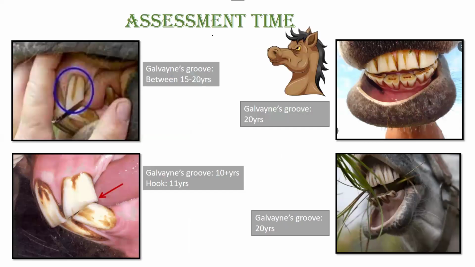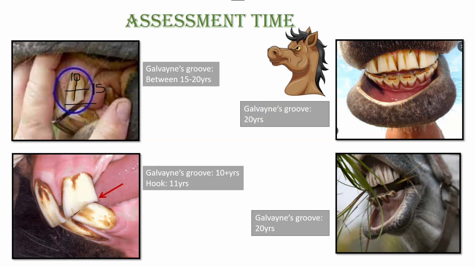So this is an assessment. I have written the answers too, but let's see. This is a tooth over here, and you see a Galvayne's groove. The Galvayne's groove is almost till the end of the tooth. So we know at 10 years of age, it just appears. At 15 years of age, it reaches midway.